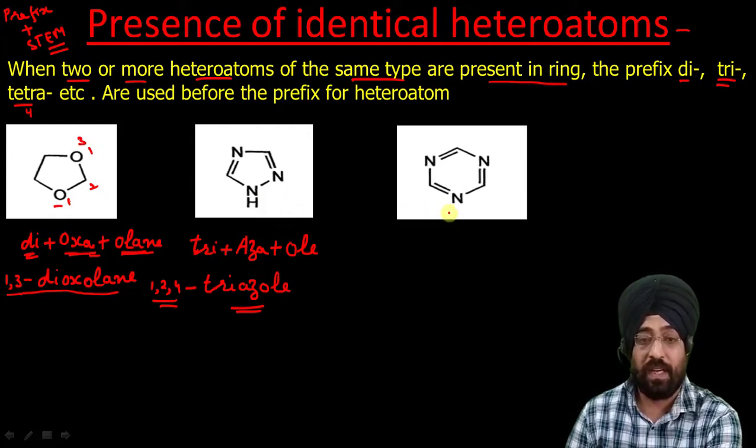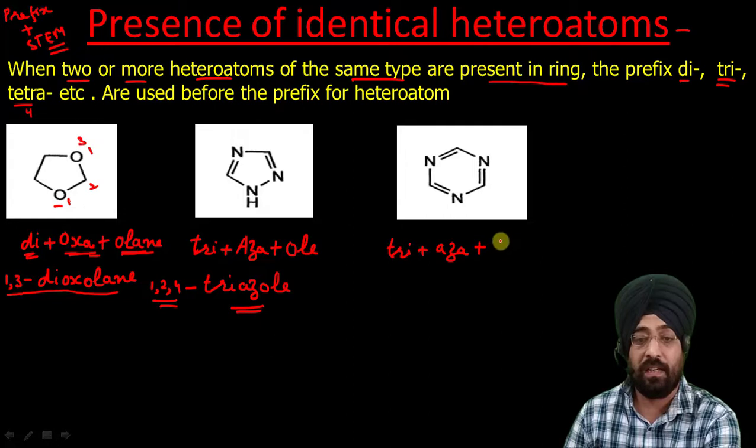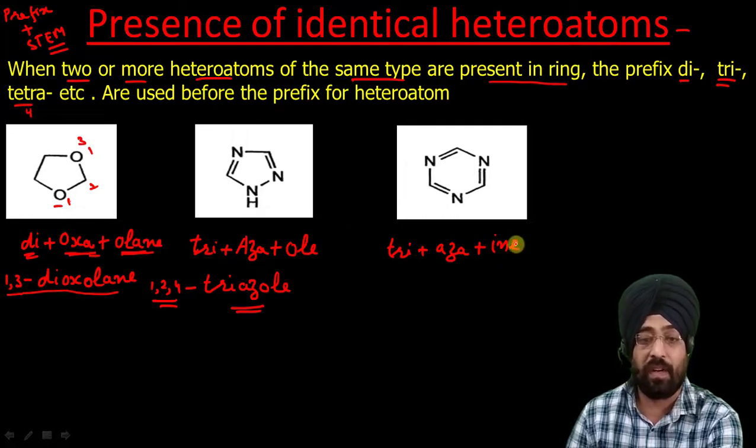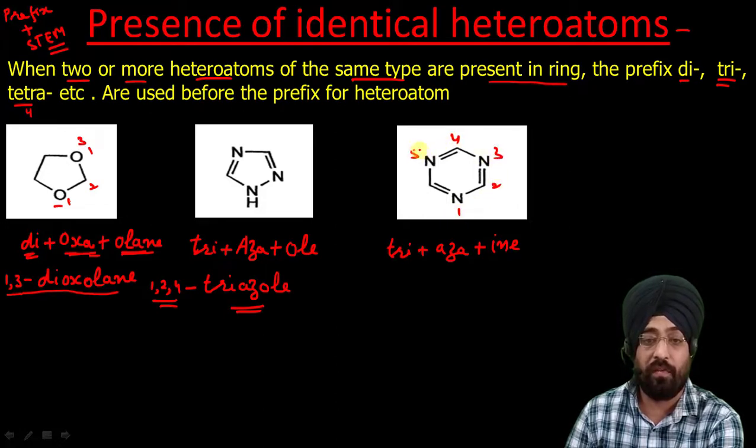Similarly, this can be named as follows. It again contains three nitrogens, so tri plus aza plus, and now you can see it is a six membered saturated ring with nitrogen, so the stem for this is ine. If we number it, 1, 2, 3, 4, 5, so 1,3,5. The 1,3,5 numbering I will discuss, please don't be confused.